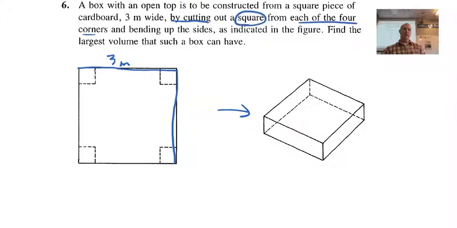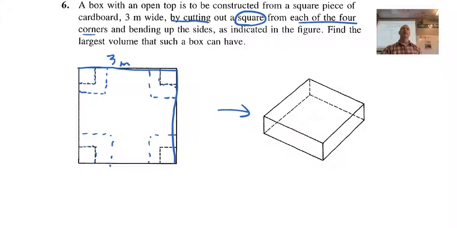So that's why they have these little perforation marks here. This square is going to be cut out. Now, obviously, we would have a different size box if we cut out a larger or smaller square, right? So we don't know what the dimensions of this little square are. Find the largest volume that such a box can have.